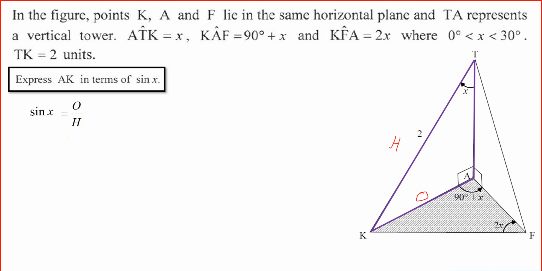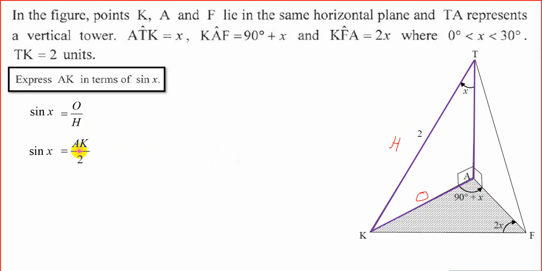Looking at the triangle, the opposite is AK, which we're going to substitute, and the hypotenuse is 2. So we have opposite over hypotenuse: AK is the opposite side, and the hypotenuse in triangle TKA is 2 units.